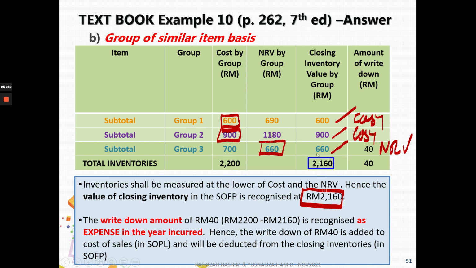This cost with the NRV total. The cost here is 2,200 with the closing inventory value, not NRV total, because only one NRV and two costs were being included in the closing inventory. So it is the closing inventory total. And the write down of 40 is added to the cost of sale in SOPL, and it will be deducted from the closing inventories in the SOFP. So closing inventories will be credited and the cost of sale will be debited.